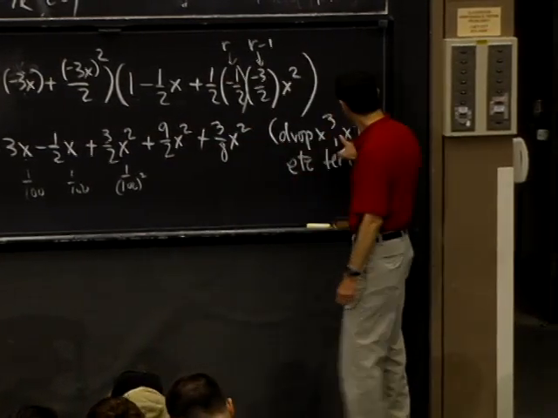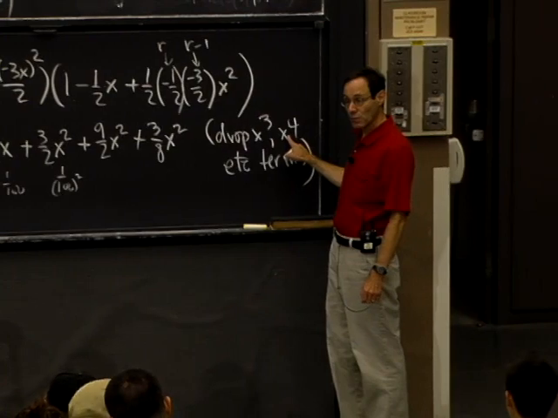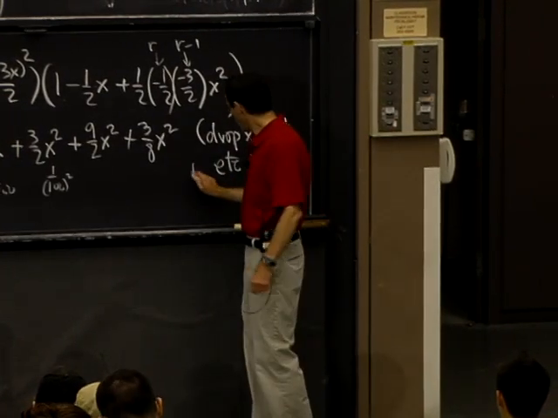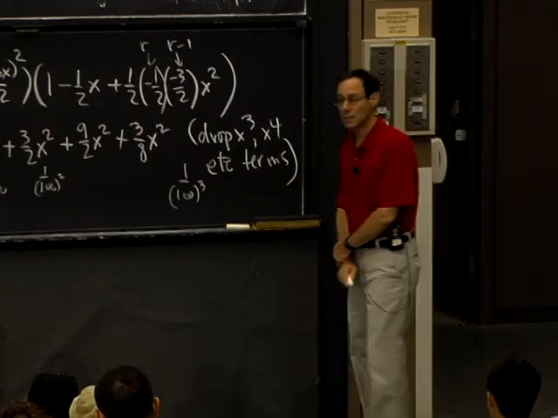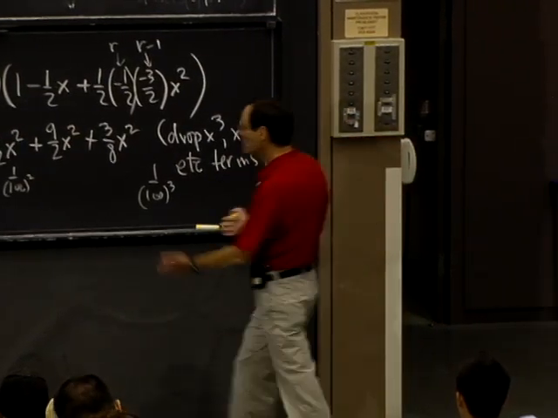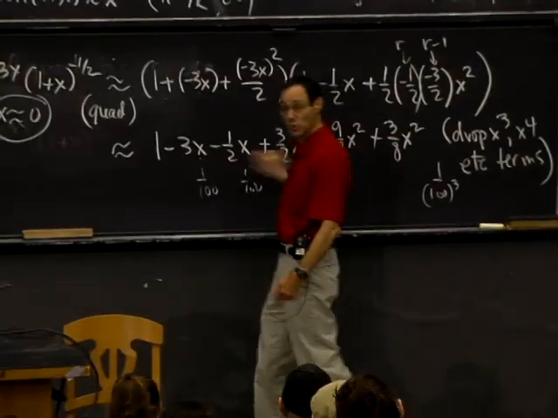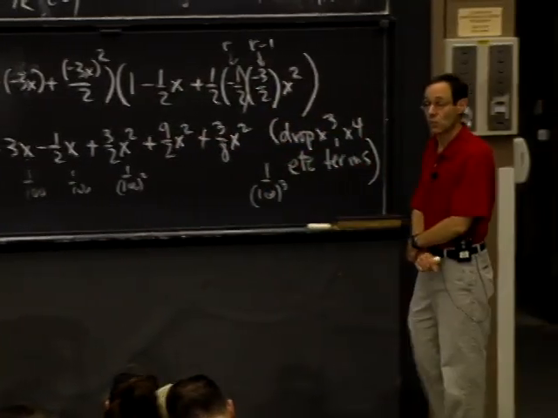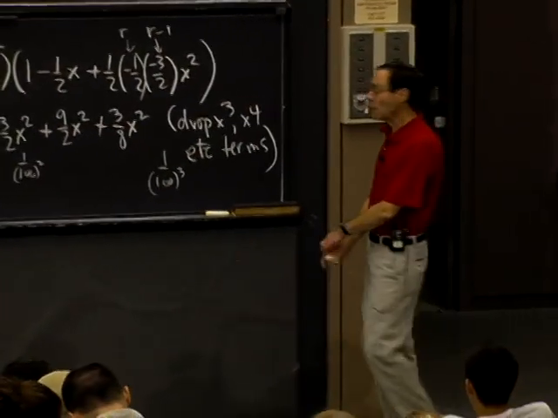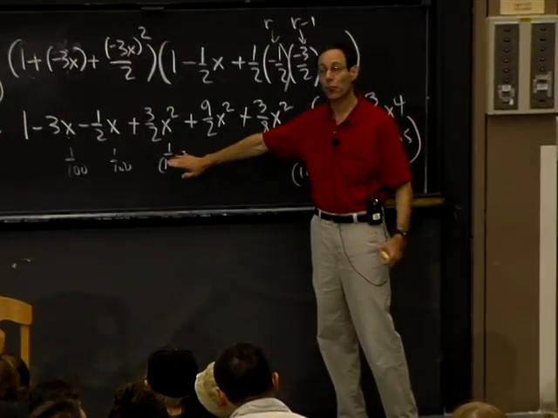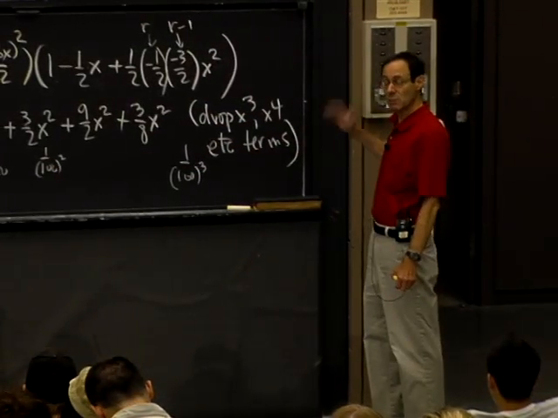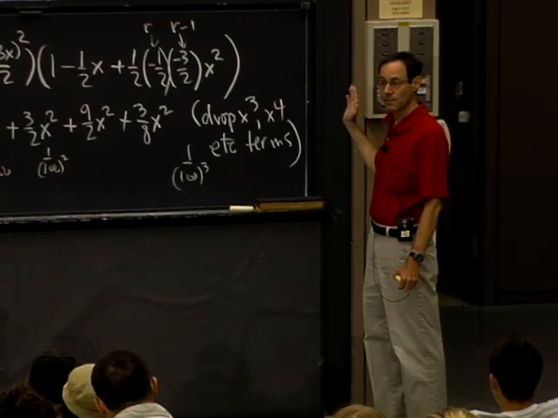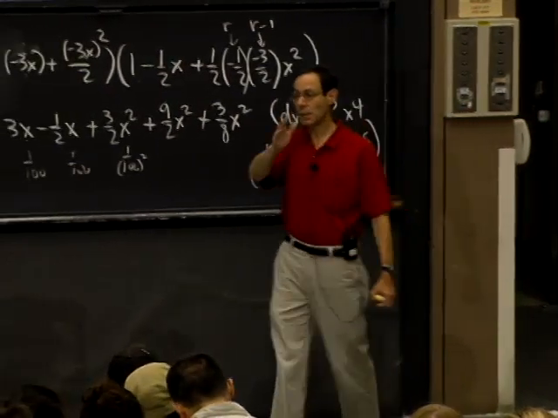Now, these cubic and quartic terms are of the order of 1/100th cubed. That's 10 to the minus 6th. And the point is that I'm not claiming that I have an exact answer, and I'm going to drop things of that order of magnitude. All right? So I'm saving everything up to 4 decimal places. I'm throwing away things which are 6 decimal places out. Does that answer your question?